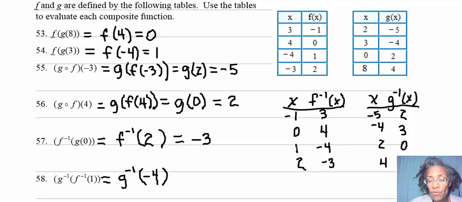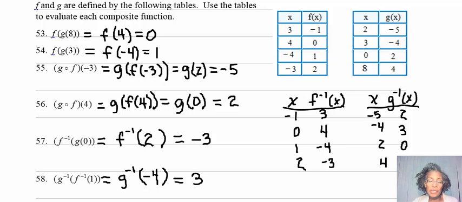So f inverse of 1 is negative 4. So I'm actually calculating g inverse of negative 4. So I go to the table that gives me information about g inverse, and I see that g inverse of negative 4 is 3. So that's my result for this one.